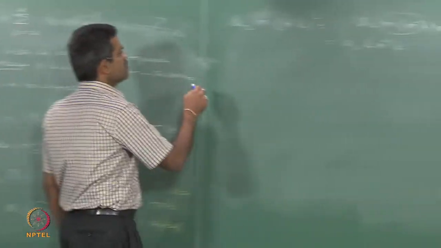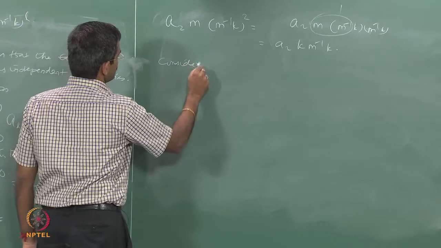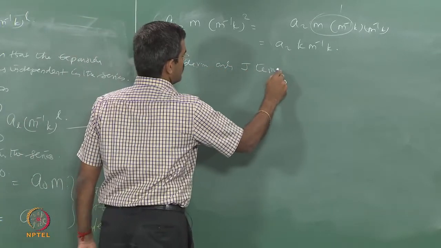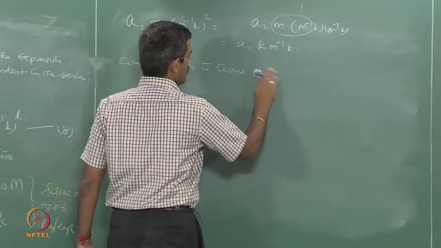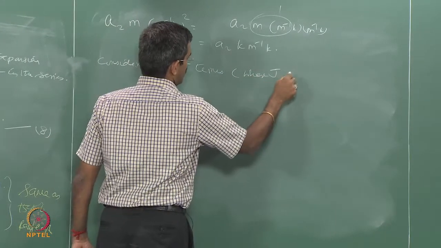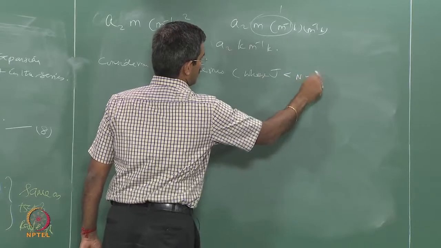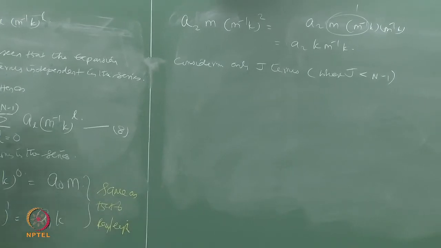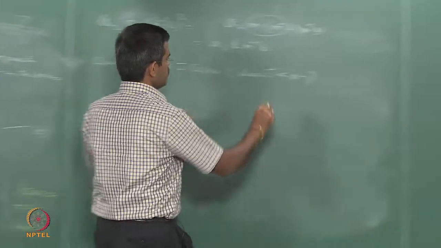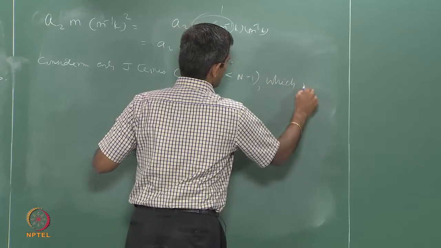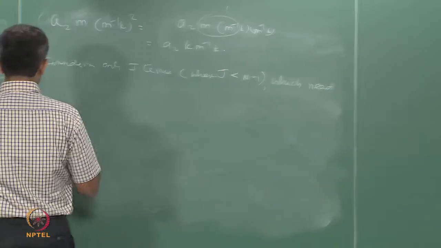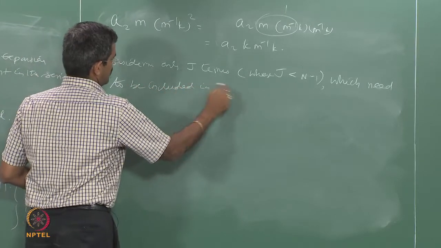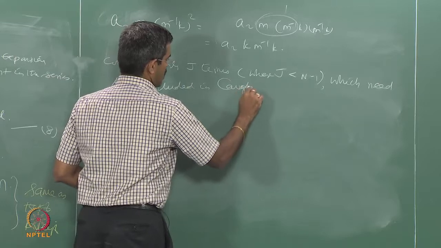So, now considering only j terms where j is less than n minus 1, which need to be included in Caughey series.